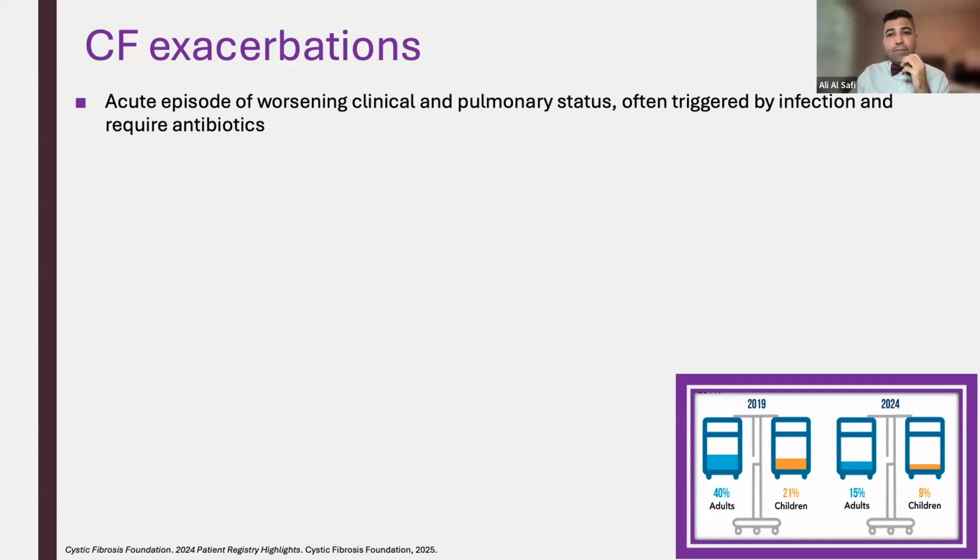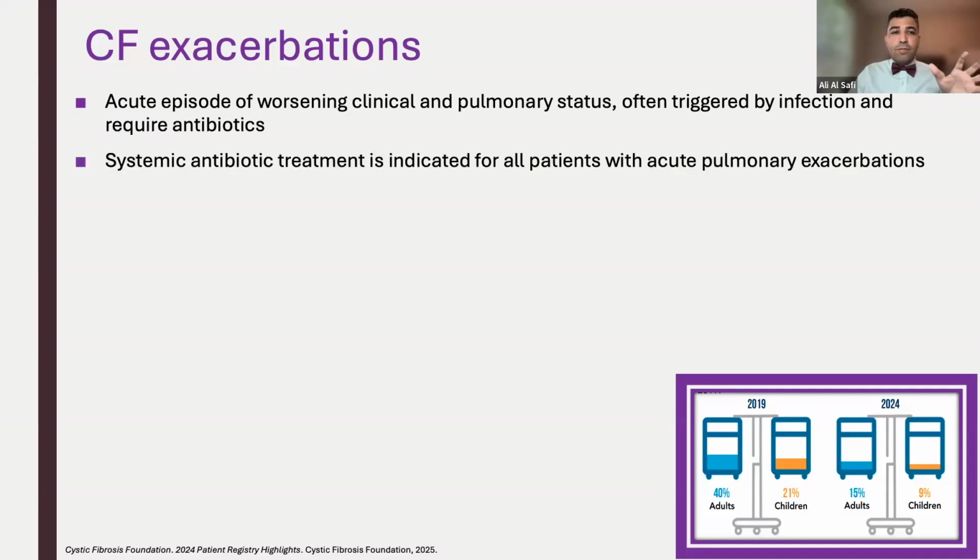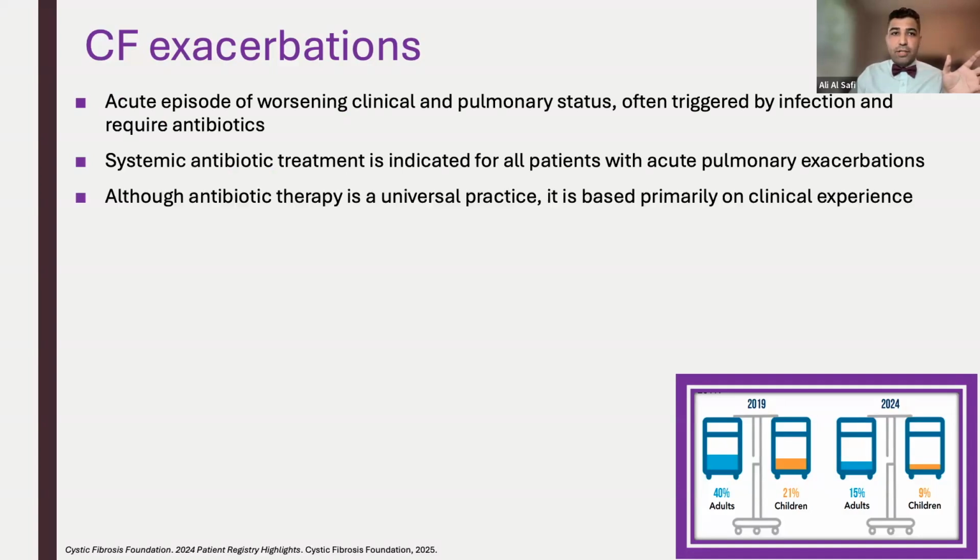Luckily, the percentage of people with cystic fibrosis treated with IV antibiotics has decreased since 2019. Most of the time, we use systemic or IV antibiotics to treat acute pulmonary exacerbation. Although that is universal practice, it is based primarily on clinical experience.